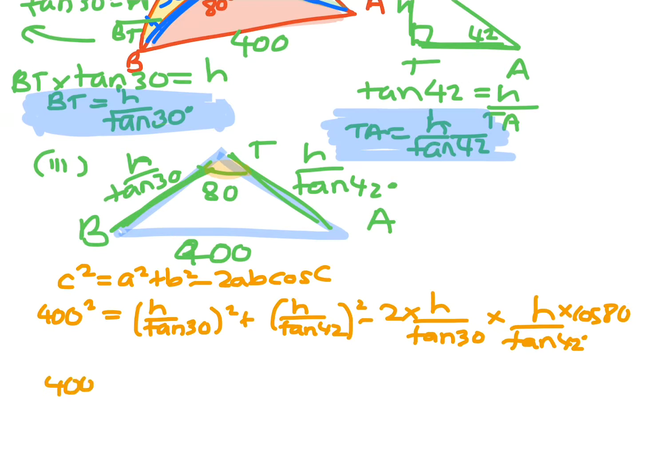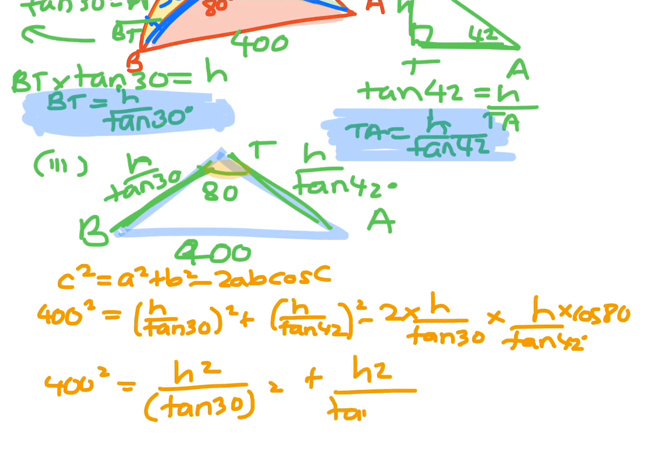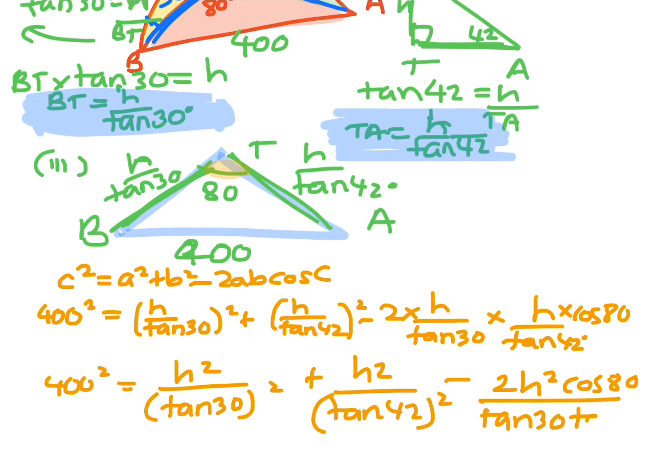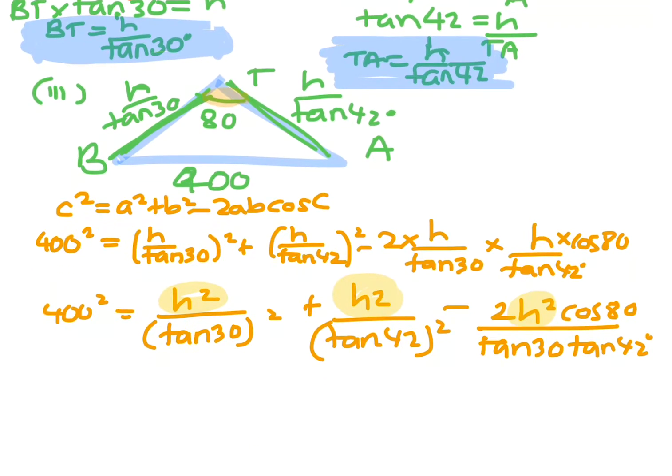So 400 squared equals h squared on tan 30 squared plus h squared on tan 42 squared minus 2h squared cos 80 all over tan 30 tan 42. That's on the bottom. So what we do now is we look for the common factor, because there is a common factor of h squared, and you need to take that out.